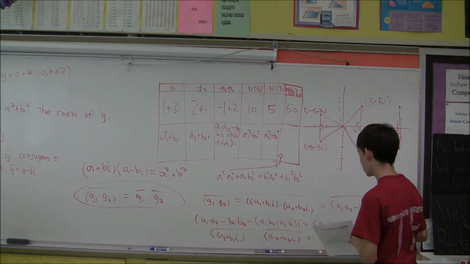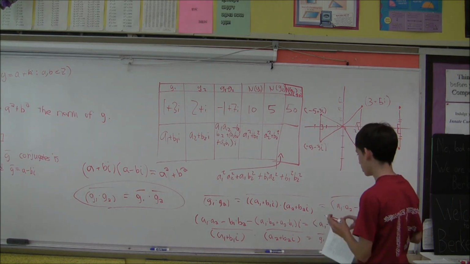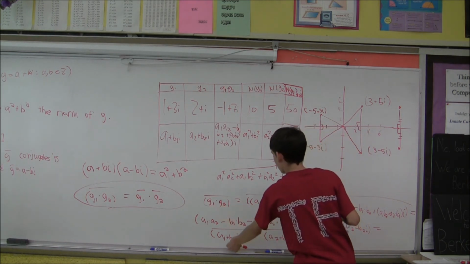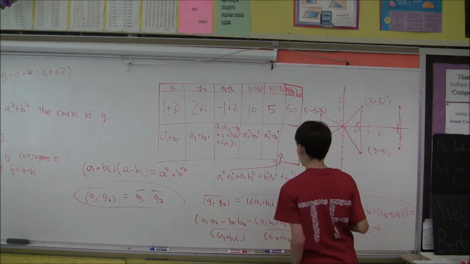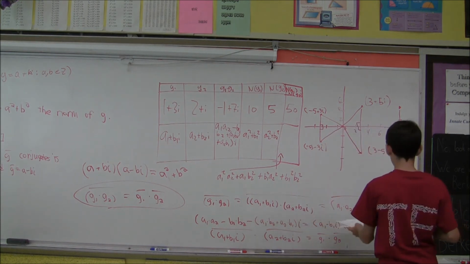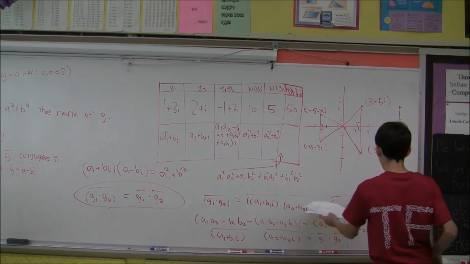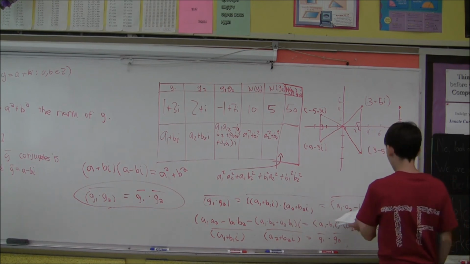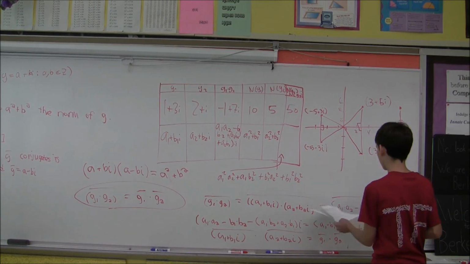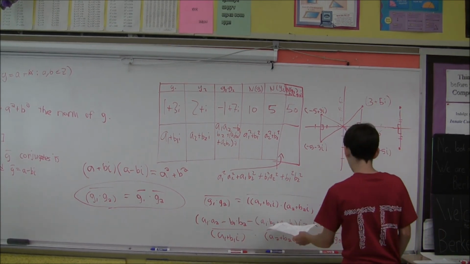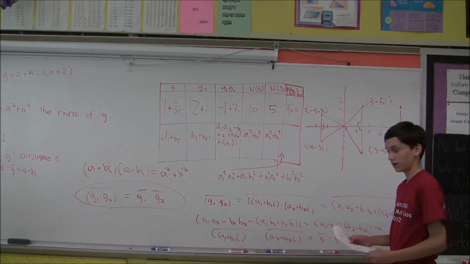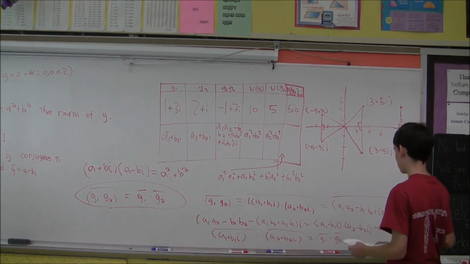Alright, so basically, in order to prove that, you start with the norm of the product, and then you expand each of the Gaussian integers into a plus bi, and then you distribute it out, and then you take the conjugate of the whole thing, and then you can factor it back into the product of the conjugates of the two Gaussian integers.